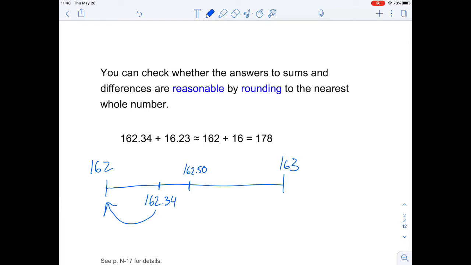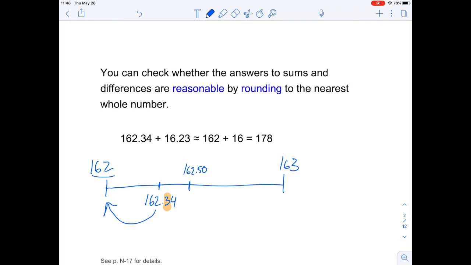Remember the little rhyme that you learned: 5 or more, raise the score; 4 or less, let it rest. So we're looking at the number right after the decimal in the tenth spot. So that's 4 or less. So we're letting it rest as 162.